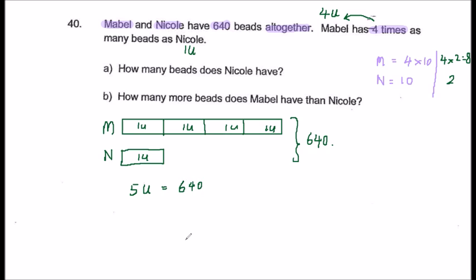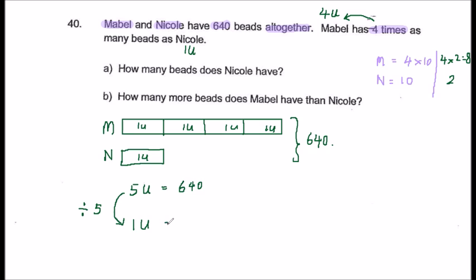When we have 5 units, we always want to find 1 unit. So from 5 units to 1 unit, we have to divide by what? Divide by 5.